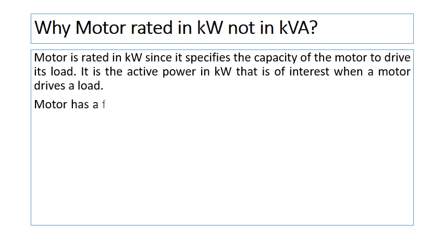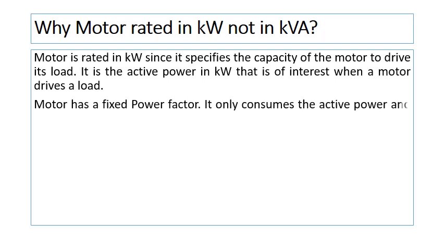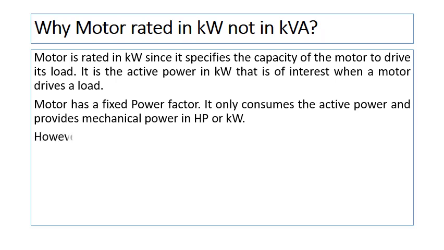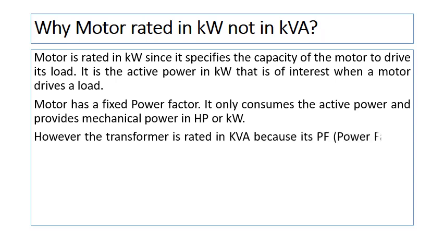The motor has a fixed power factor. It only consumes the active power and provides the mechanical power in HP or kilowatt. However, a transformer is rated in kVA because its power factor depends on the nature of load.